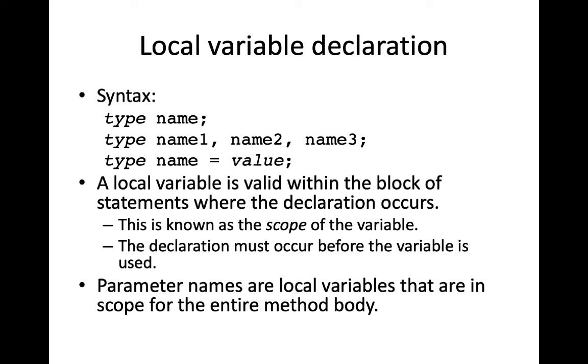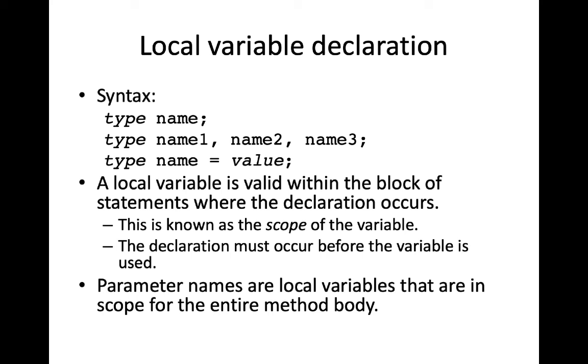Now, once you've done this, that variable is in scope, available in the enclosing block of statements. So if you're inside a method body, then it's available everywhere inside that method body. If you're inside a smaller enclosing block of statements, it's the smallest enclosing block that it is defined for. This allows us to declare local variables inside the body of a loop, or inside one of the clauses of an if statement.